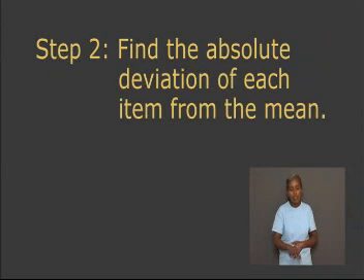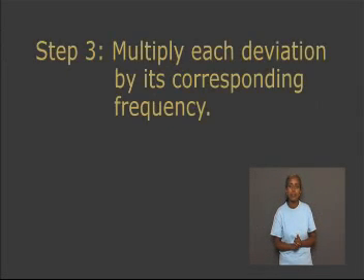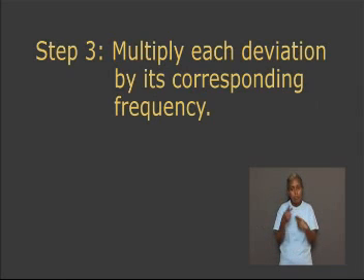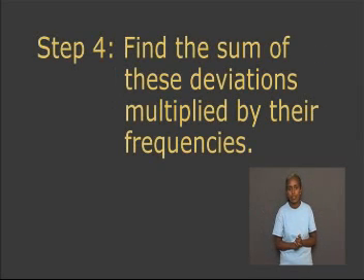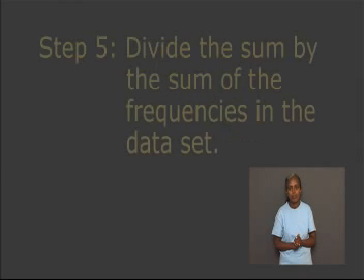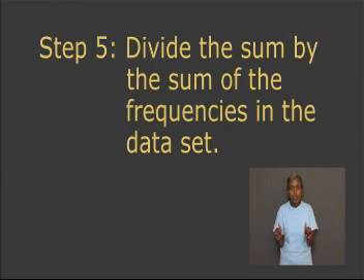Find the absolute deviation of each item from the mean. Multiply each deviation by its corresponding frequency. Find the sum of these deviations multiplied by their frequencies. Divide this sum by the sum of the frequencies in the dataset.